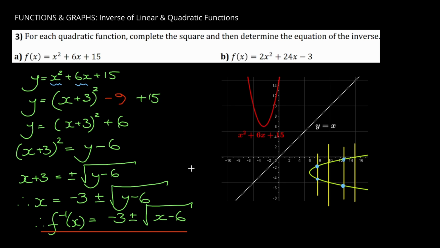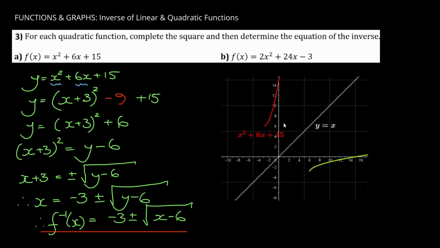Things would look like this. For this case, we would have to restrict the domain of x so that it didn't go below negative 3. This would mean our inverse function doesn't go below negative 3 in y terms. Now we're okay. We can truly say that this inverse is a function because there is only one y value for increasing values of x.